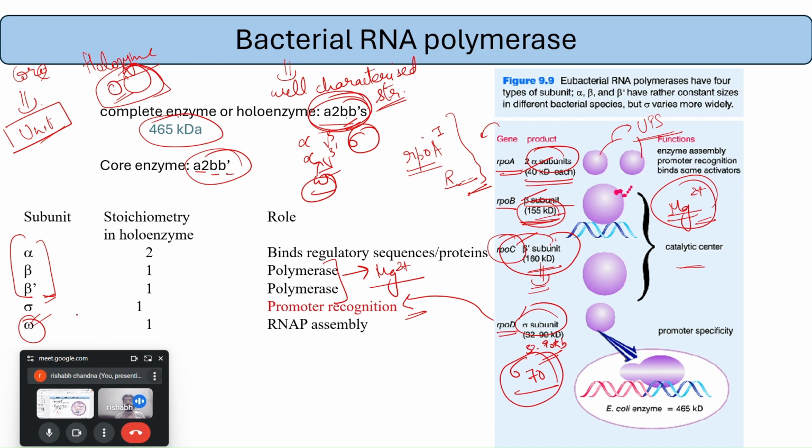Then the sigma subunit helps in promoter recognition, and we'll talk more about the types of sigma subunits. Then the omega subunit helps in the assembly of the RNA polymerase. Okay, so this was the idea about RNA polymerase and the different subunits involved.